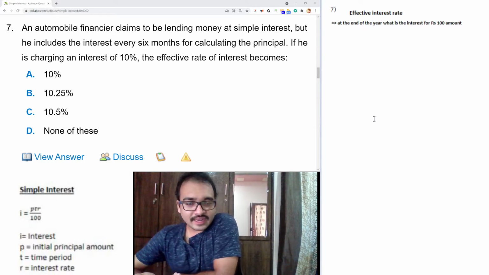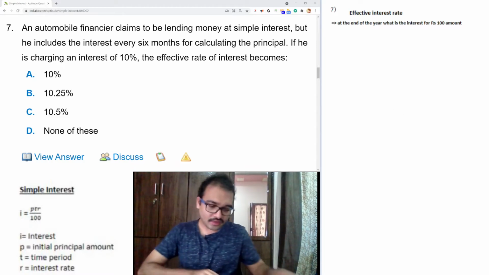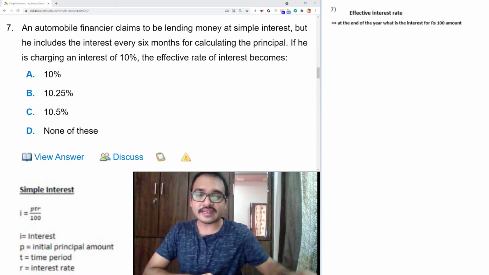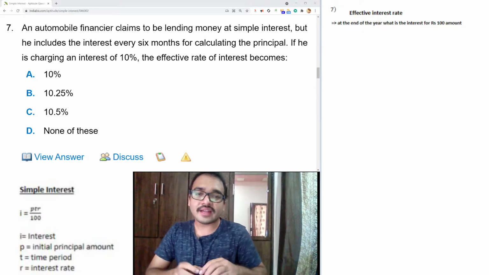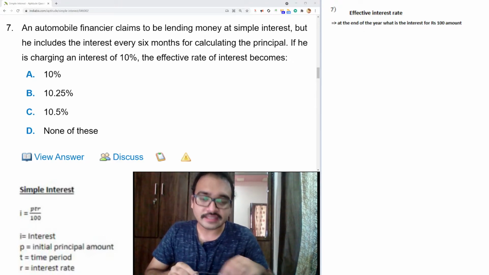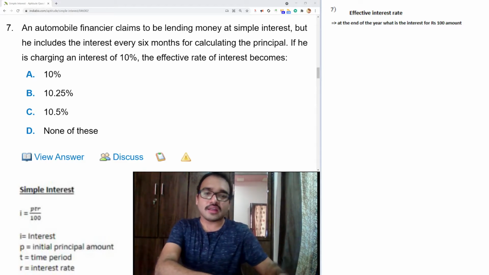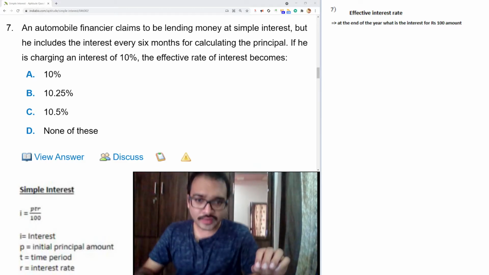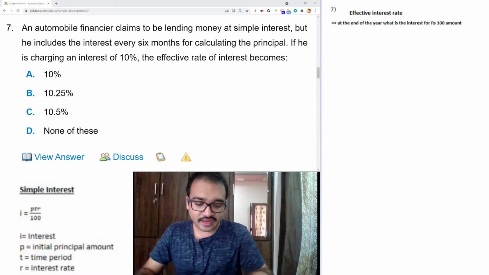If you take 300 and you get the interest as 30 rupees, then the rate of interest will be 30 by 3, that is 10%. Here we are taking 100 rupees. At the end of the 1 year, the interest amount we get is the rate of interest.